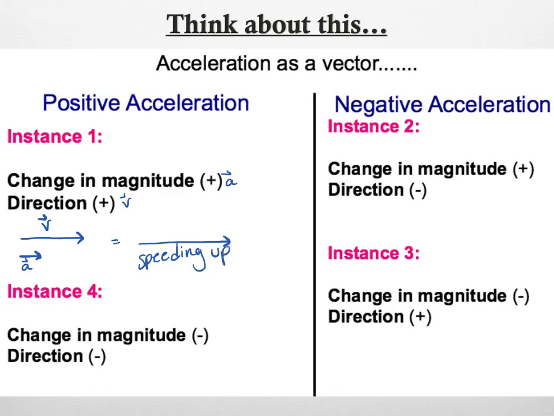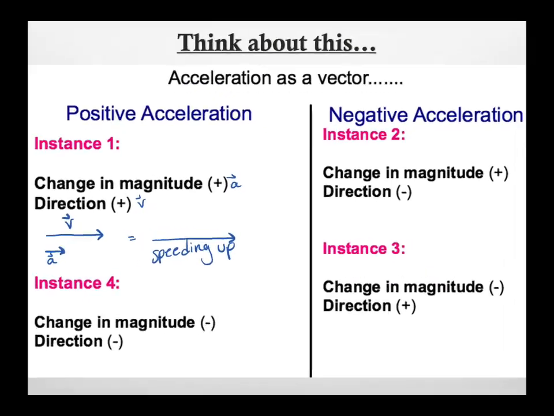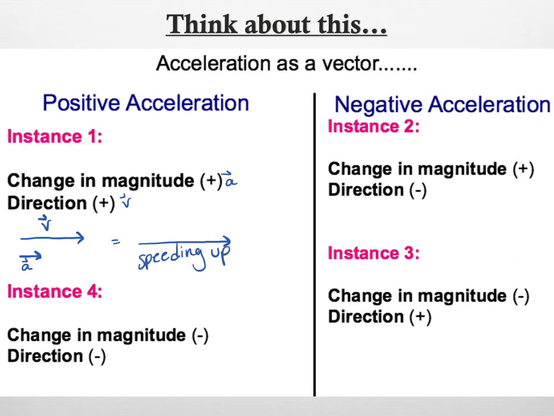Okay, now, what if the opposite happens? What if the acceleration is still positive, so therefore to the right, but its initial direction is negative? That's this next one we're going to go over. So our initial velocity is negative, so that would be to the left, right? And then what if the acceleration, though, was this way?